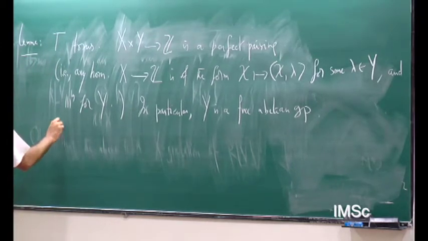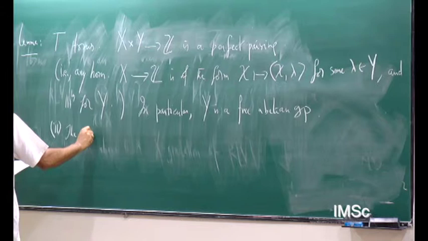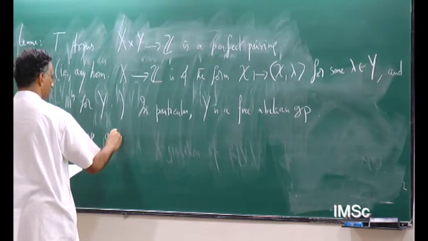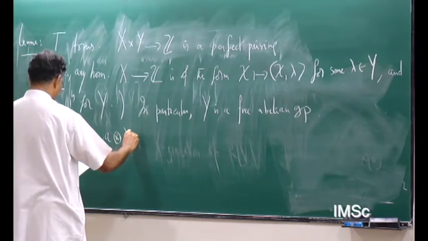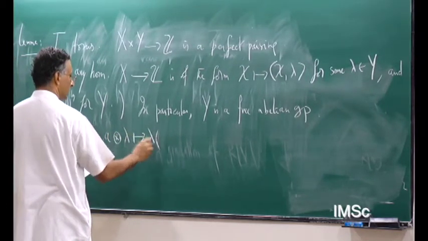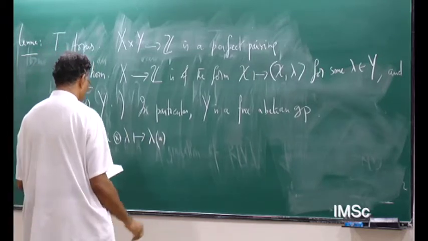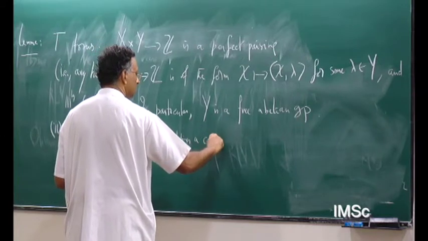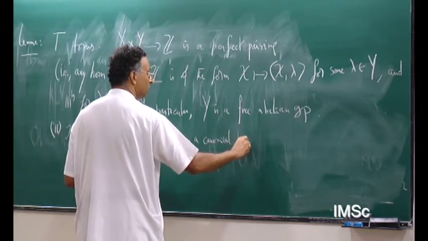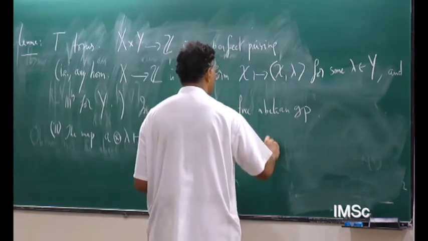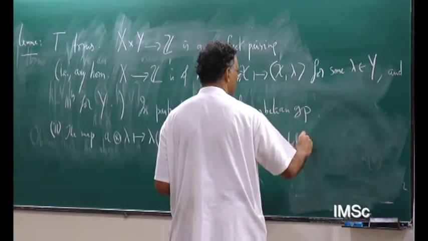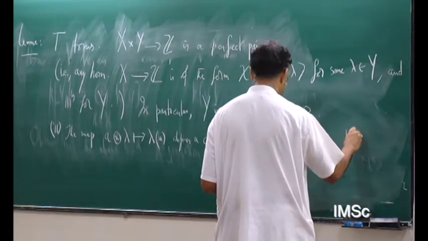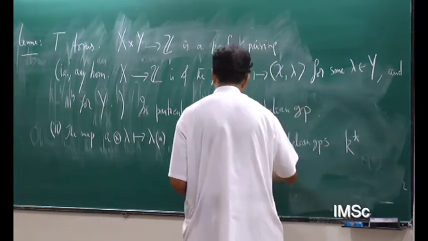The map A tensor lambda to lambda A defines a canonical homomorphism of abelian groups to K star, a canonical isomorphism.